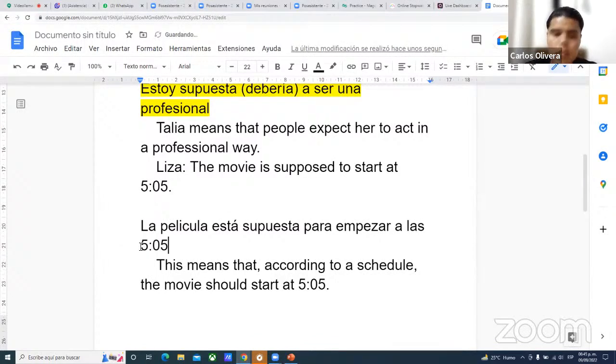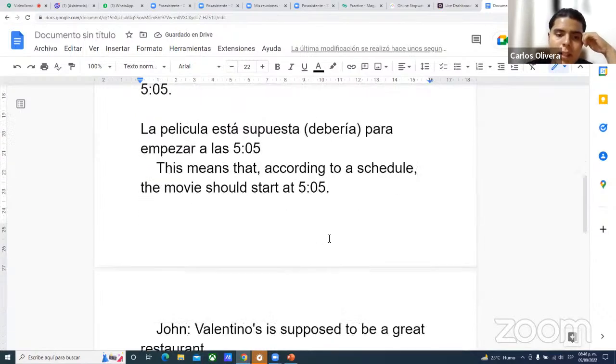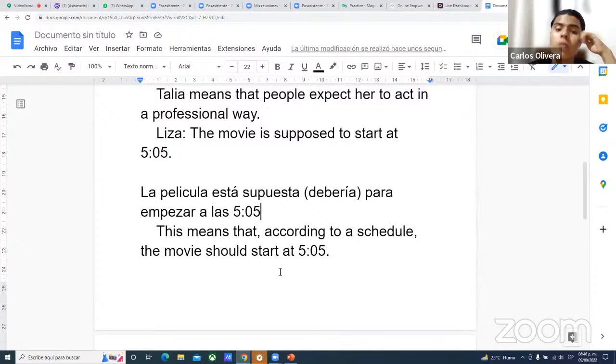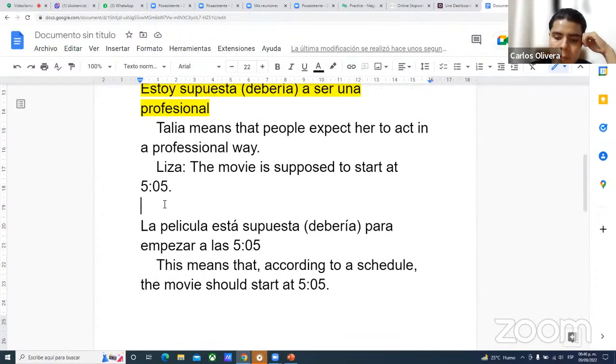Fantastic. So as you can see, la película está supuesta basically means la película debería empezar a las 5. All right, so this means that according to a schedule, the movie should start at 5:05. Okay, those are our two examples.